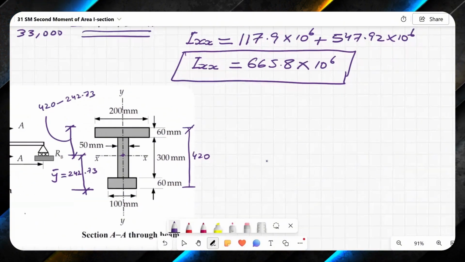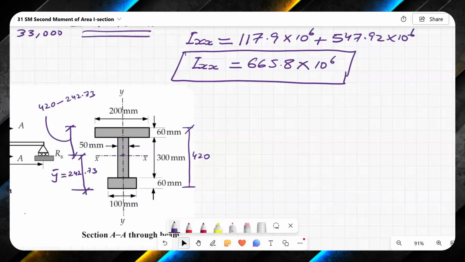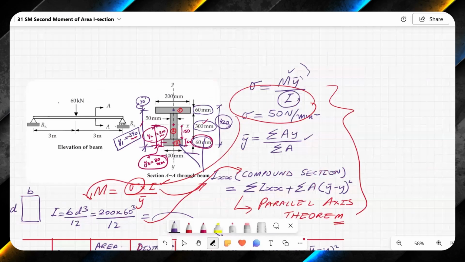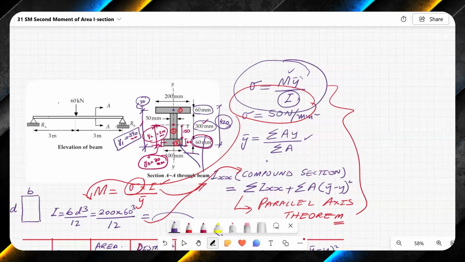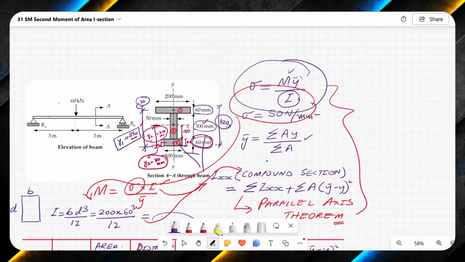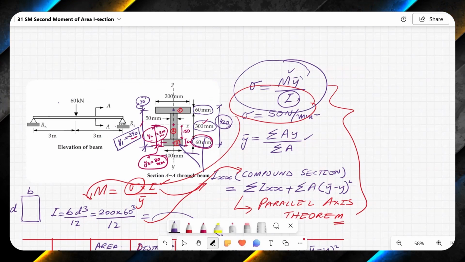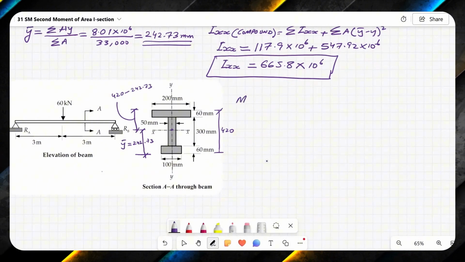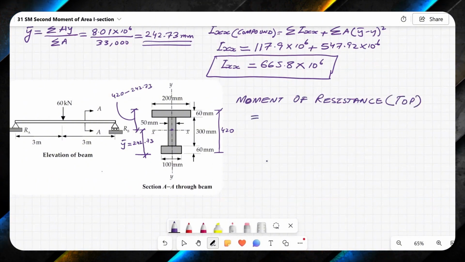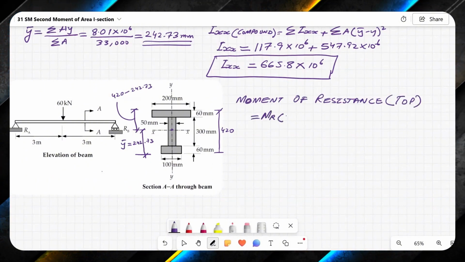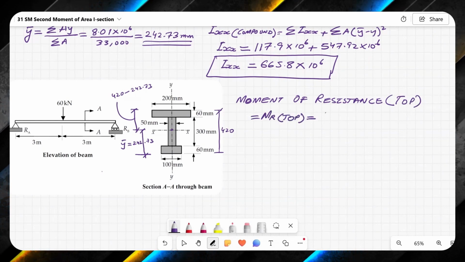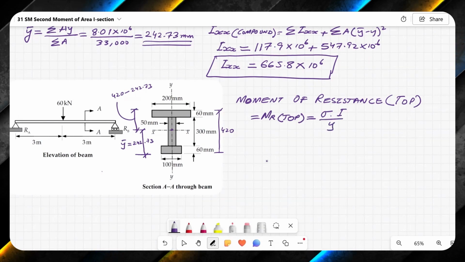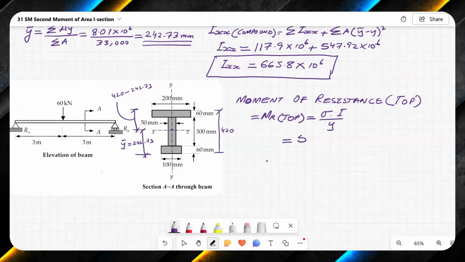So that's what I'm going to use over here. If I say moment of resistance top, I'm using the same formula as I mentioned earlier: stress is equal to My over I, and from here we can find out moment of resistance is equal to stress times I over Y. So MR top is equal to sigma into I over Y. Sigma is equal to 50.